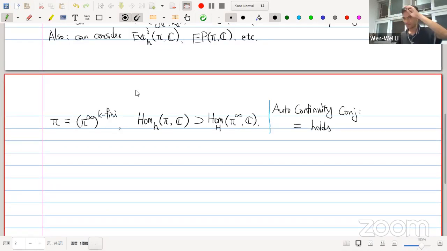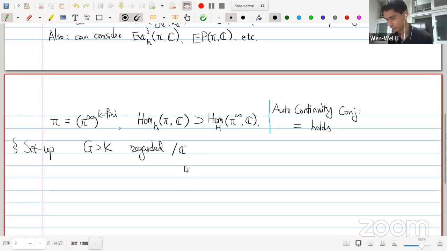Okay, so now let me state our basic setup. I start with G, K. Let's view these groups over C. This is the usual convention in the study of Harish-Chandra modules, I guess.